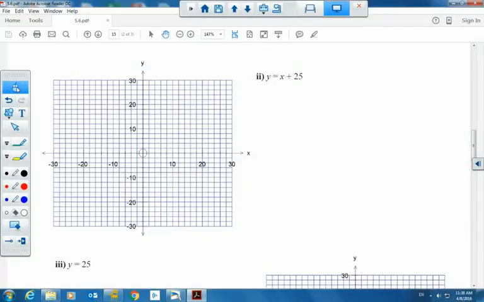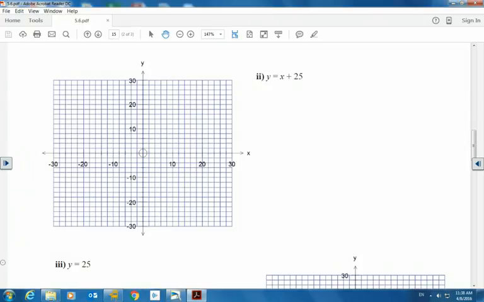So when y is equal to x plus 25, let's set up a table of values so that we can plot some points. I'm going to choose x values, and I'm going to figure out what the y value is going to be. So this is my y equals over here. Let's pick a couple of values of x.